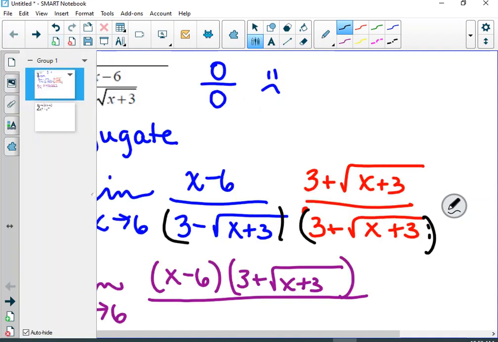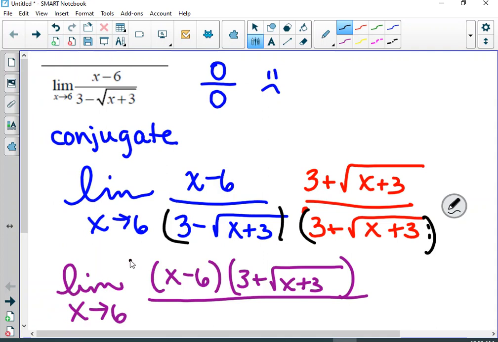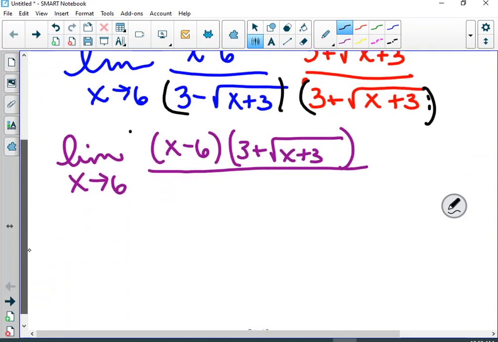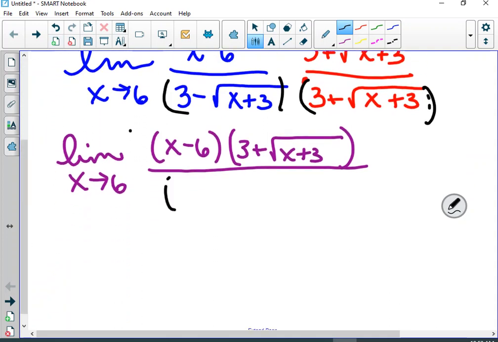So that means when I go back to here, hopefully I'm still recording, this is going to be a 9 when I multiply the 3 and the 3. The messiest part, which will be 3 times root x plus 3 and 3 times the opposite of root x plus 3, those things are going to divide out to 0.